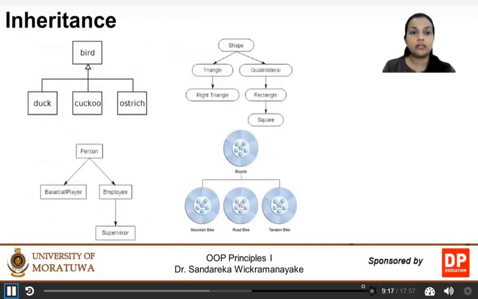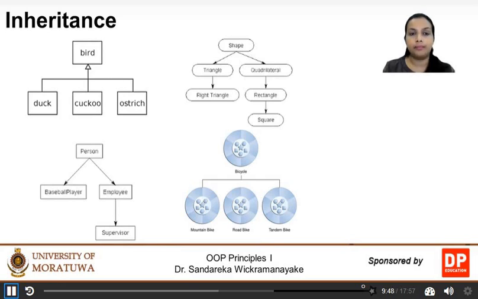Such inheritance relationships are in abundance around us. For example, if we consider birds, we have ducks, cuckoos, etc. They are all birds, having some common properties such as two legs and a beak. However, different bird types may have attributes and methods specific to them on top of these common properties. For example, a duck's sound is different from that of a cuckoo.